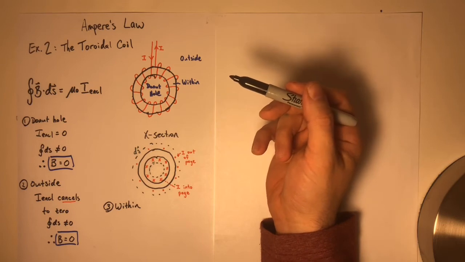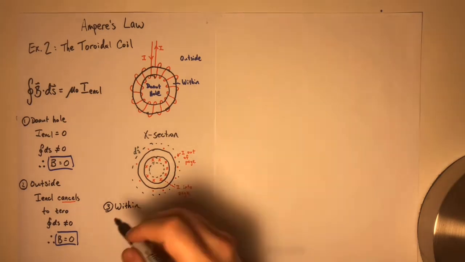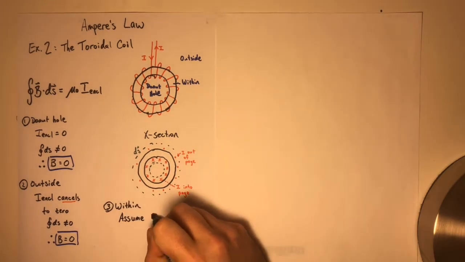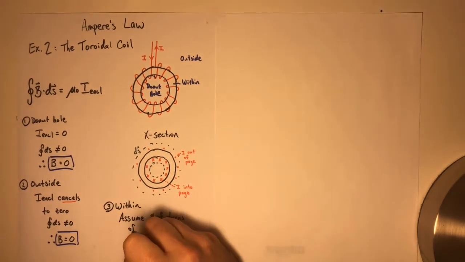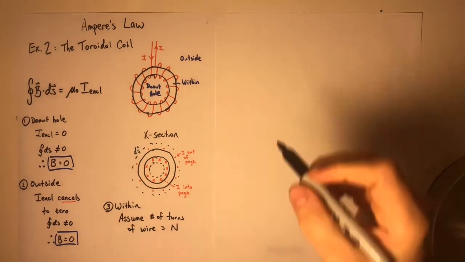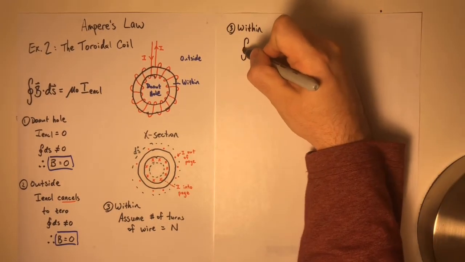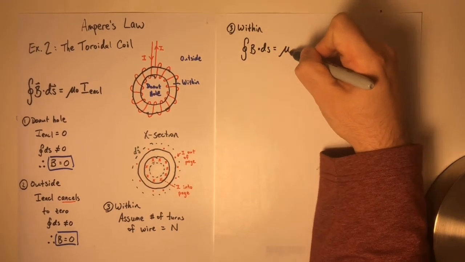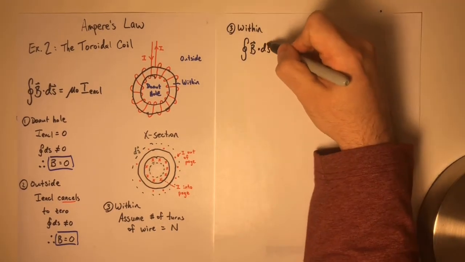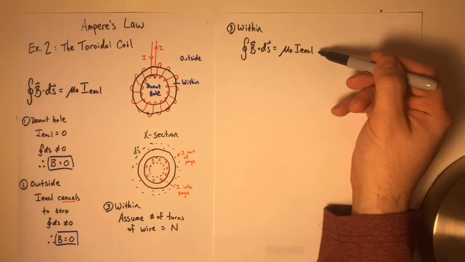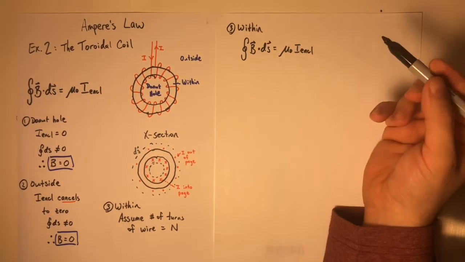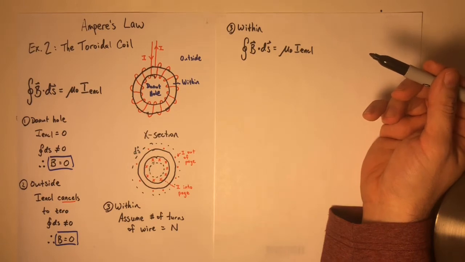Think back to the Slinky lab where you were crunching the coils together or stretching them apart. Step one, as always, is to simply write down Ampere's law so you can remind yourself what its framework is.